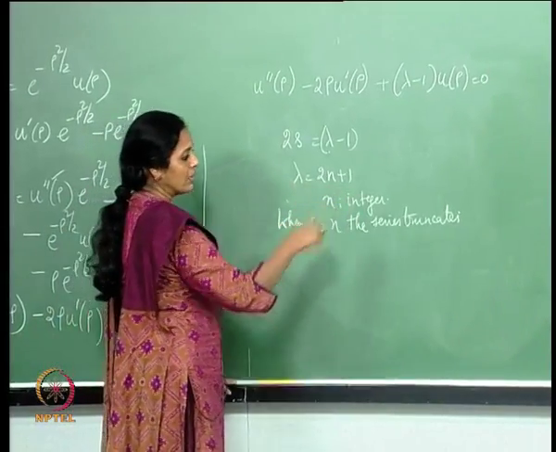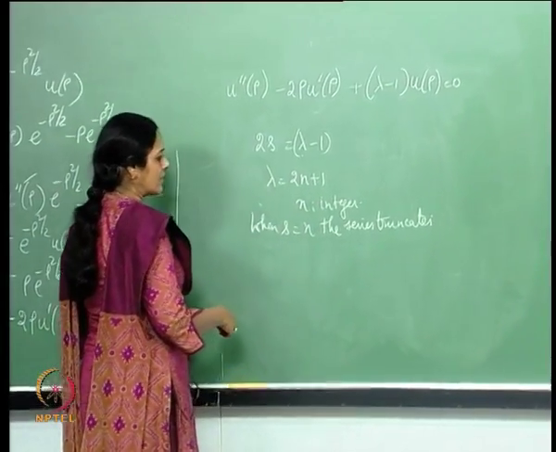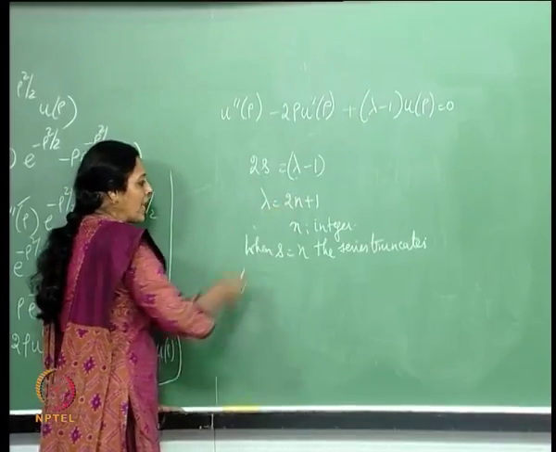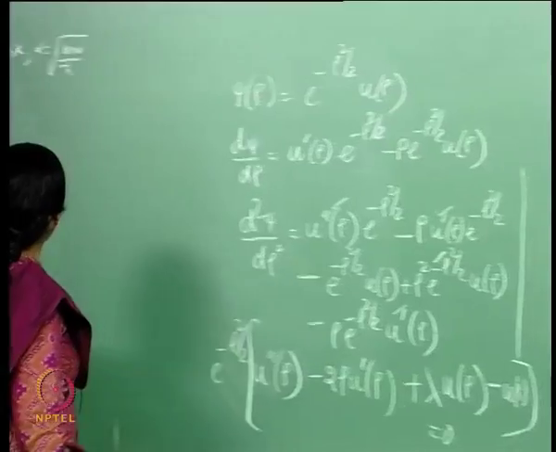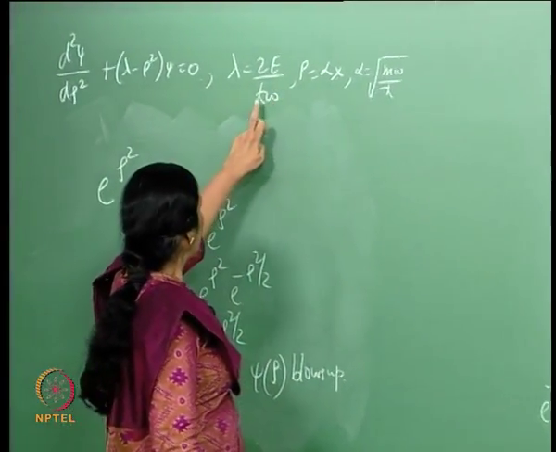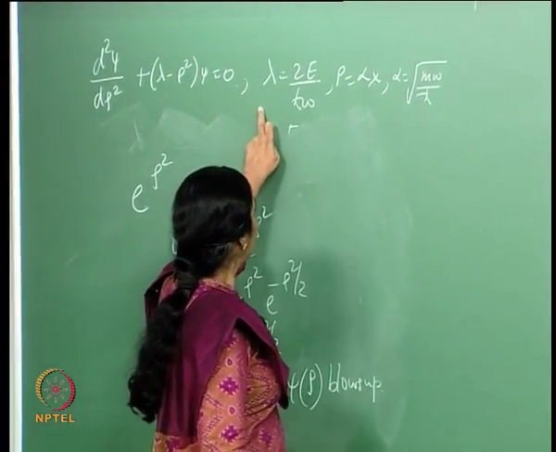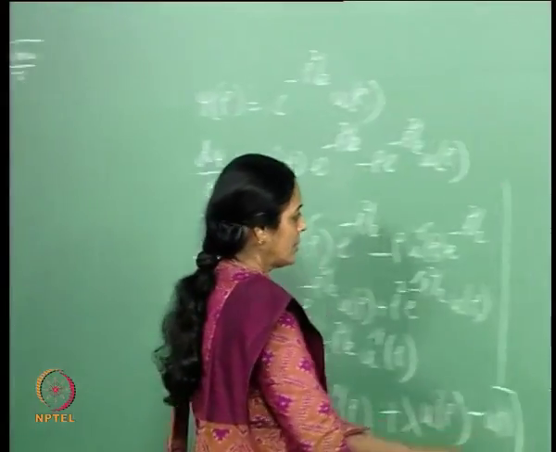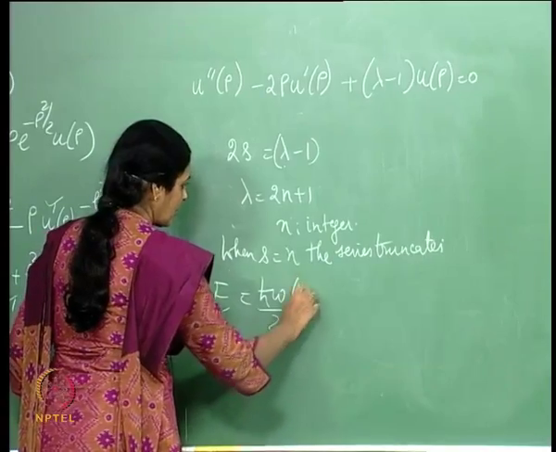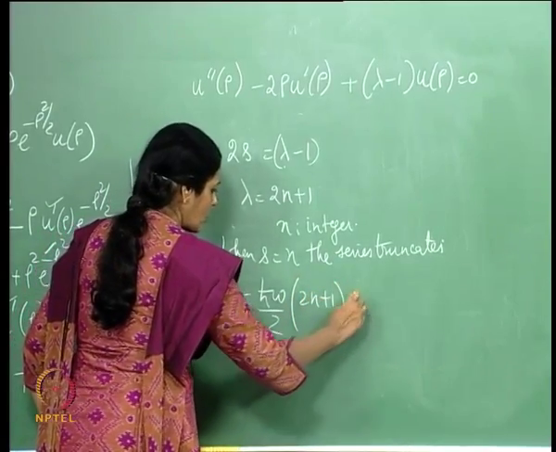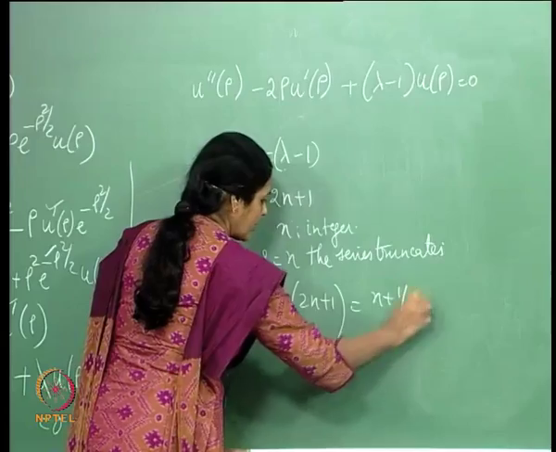That is a possible way of handling this problem, and indeed that is the correct way of doing it. But if lambda is equal to 2n plus 1, go back to the definition of E. E is h cross omega by 2 times lambda. So E is n plus half times h cross omega.